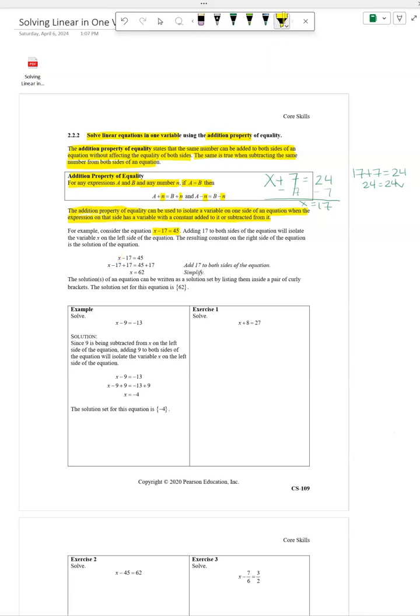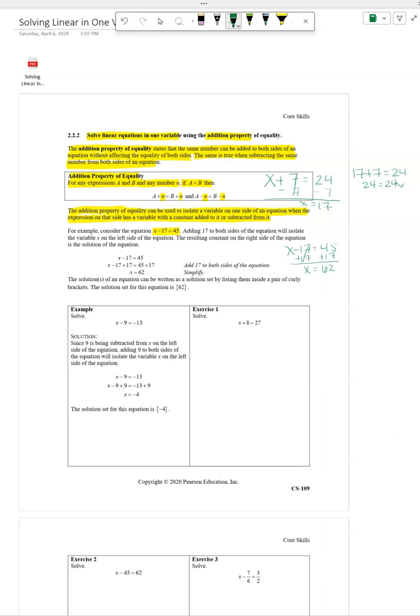This is subtraction, so the opposite of subtraction is addition. We're going to add 17, but what you do on one side, you have to do on the other. These cancel, leaving us x on the left-hand side equals 62 on the right-hand side.